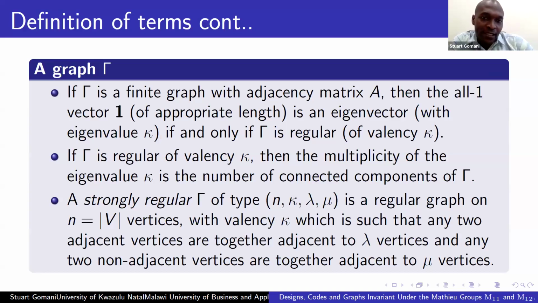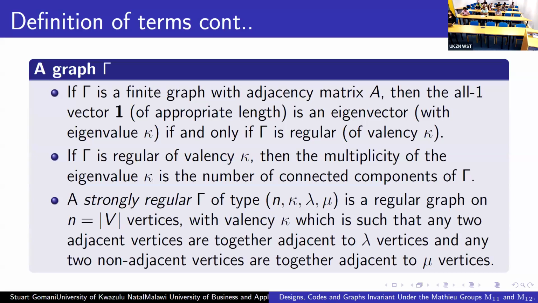If gamma is a finite graph with adjacency matrix A, then the all-ones vector is an eigenvector with eigenvalue kappa under the necessary and sufficient condition that this graph is regular and has valence kappa. If the graph is regular of valence kappa, then the multiplicity of the eigenvalue is the number of connected components of the graph.